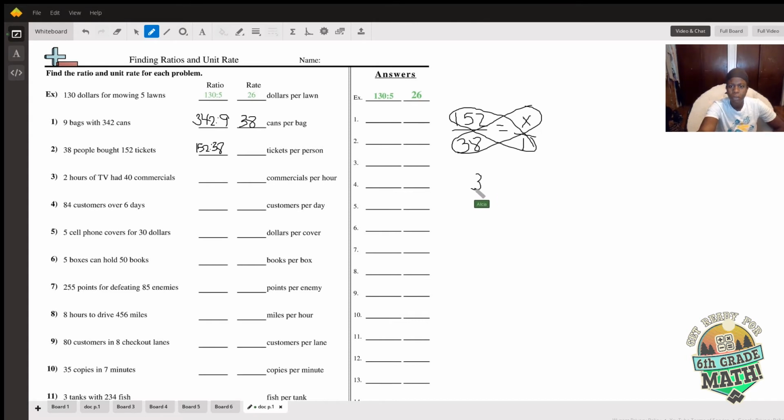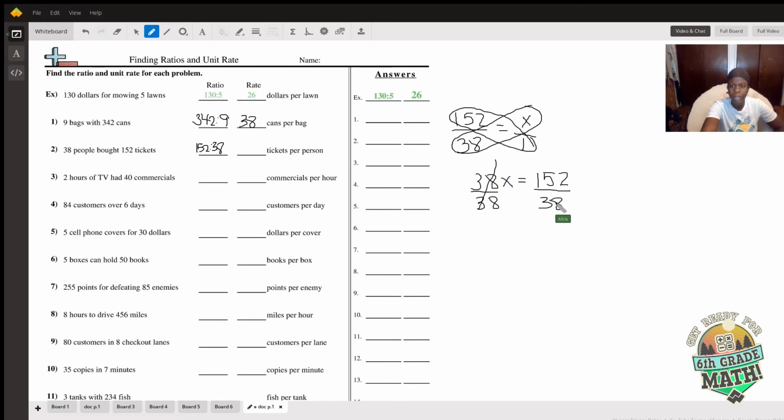So we then have 38x equals 152. We need to get the x by itself. So we bring the 38 to the other side. And we still have to set up a division problem. Okay?